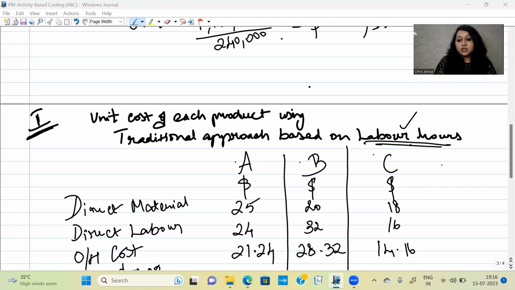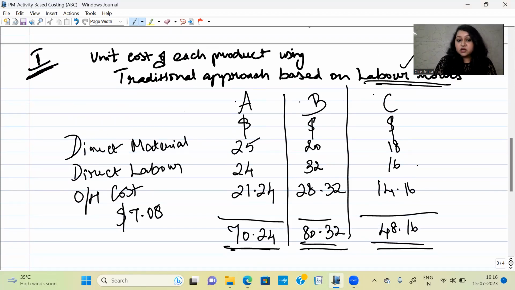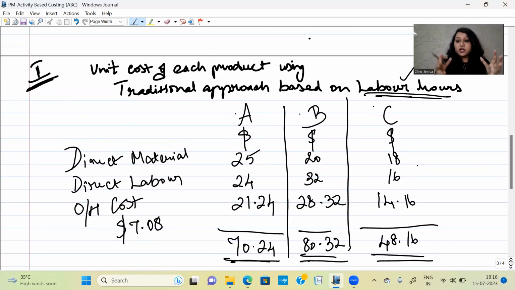And we have identified the cost of each product at 70.24, 80.32, and 48.16. Now we will move on to the ABC method, that is the activity based costing method. So we have to find out what the cost drivers are, and how we will calculate the cost absorption based on this.